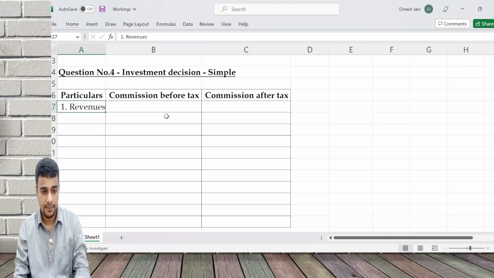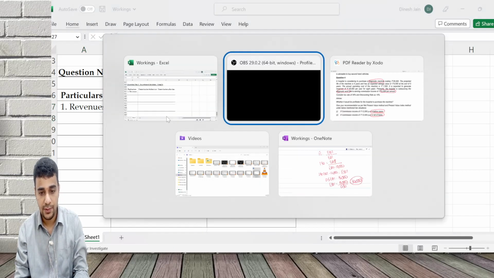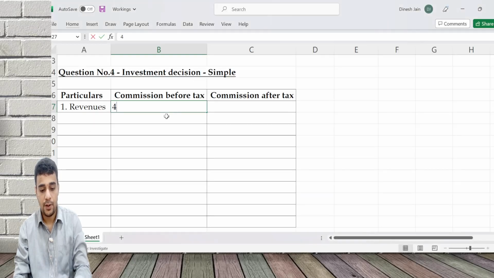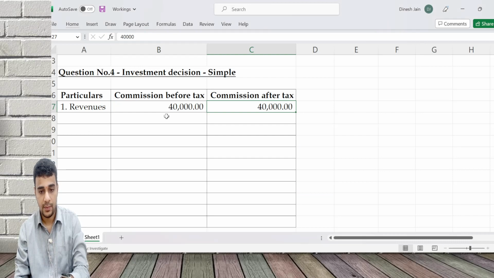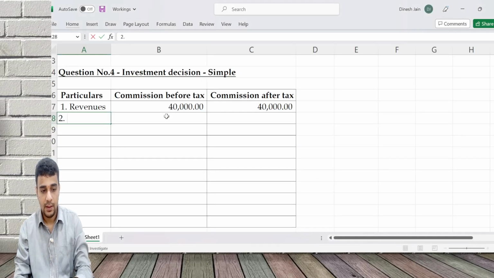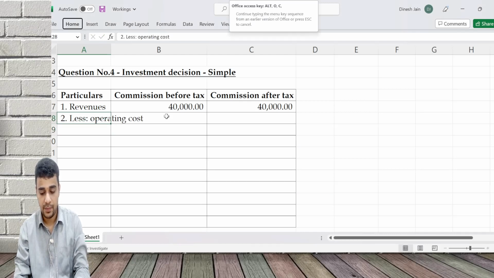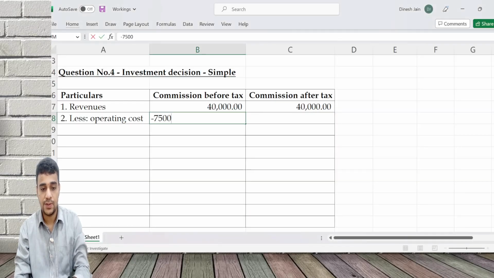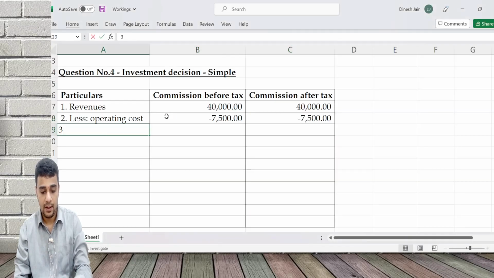Revenues 40,000, less operating cost, and less commission.